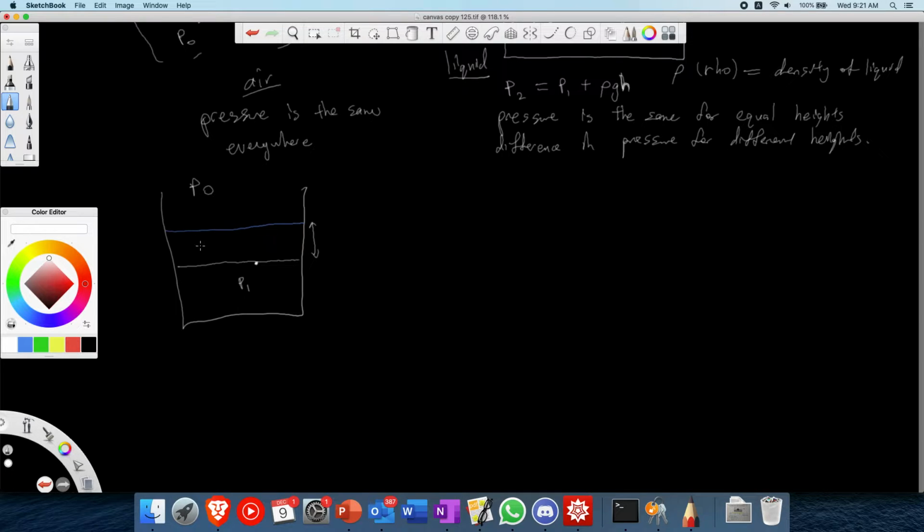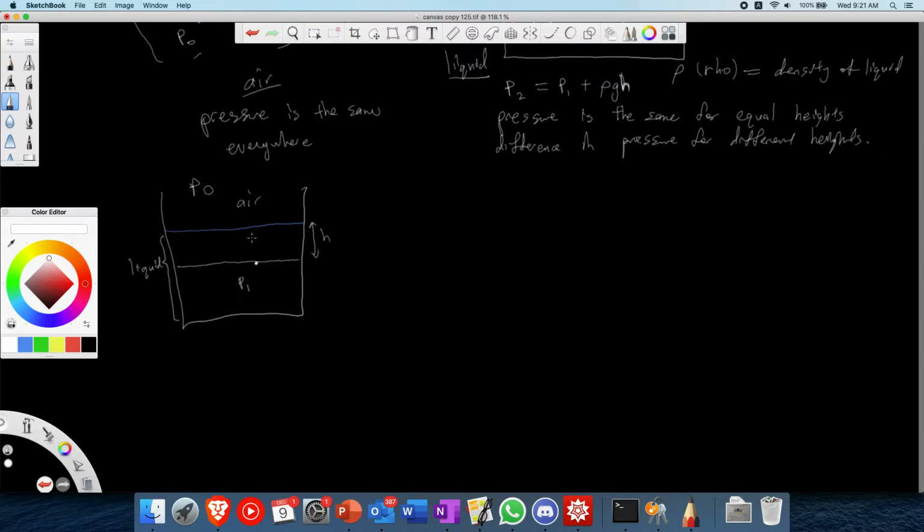Let's say we don't know the pressure anywhere in the liquid, but we do know the pressure at the surface of the liquid, at the air above the liquid.